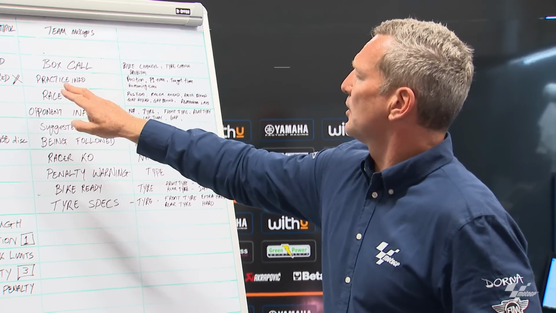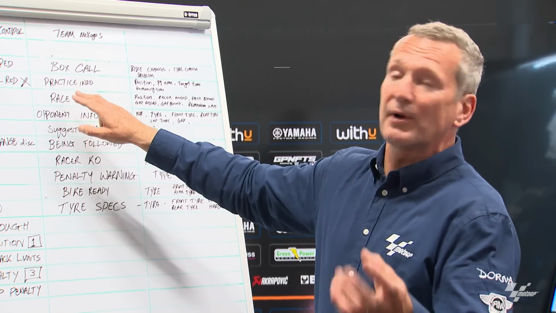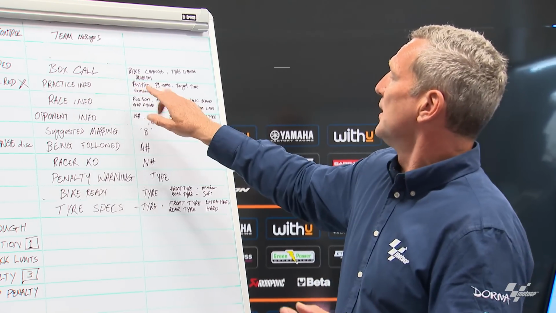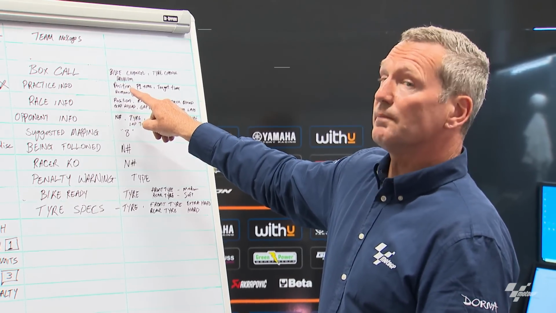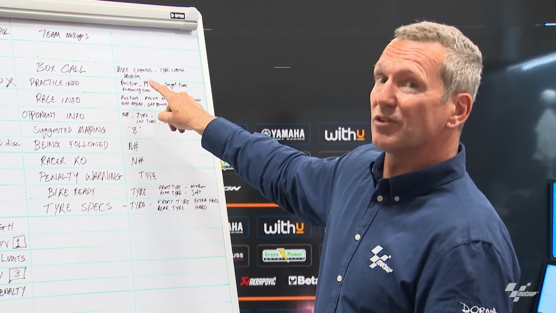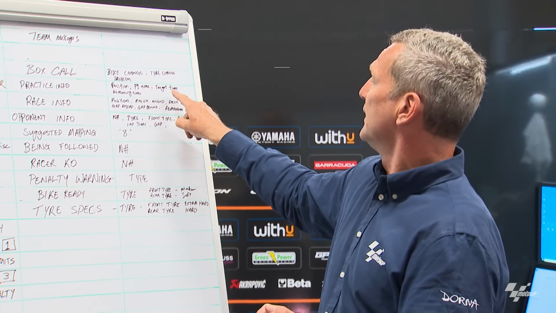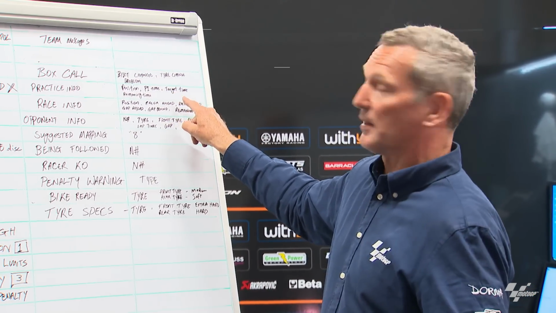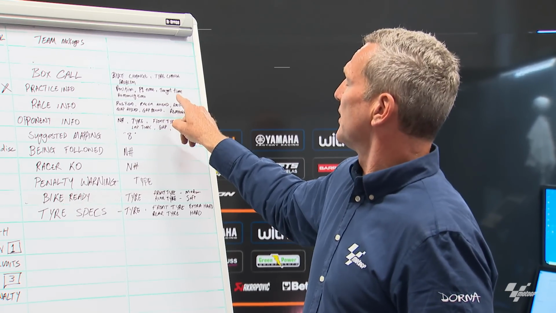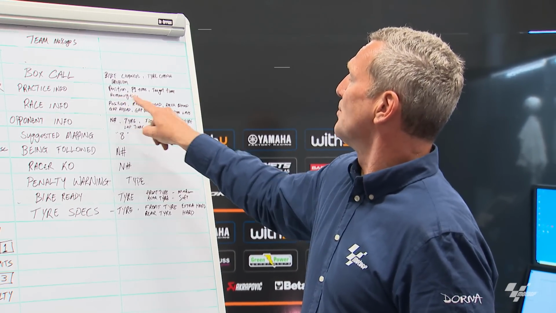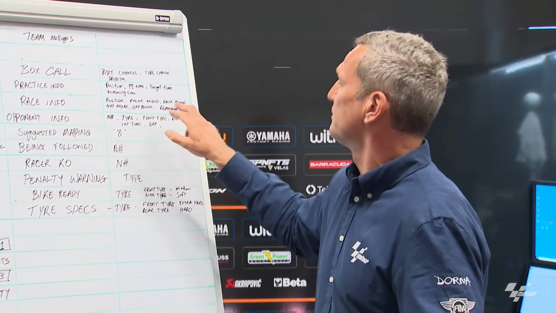Then during practice, they can send information, which is position, the P1 time, so the fastest time of the session, so they can see how far off they are. A target time that the team want the rider to try. Remaining time of the session left.